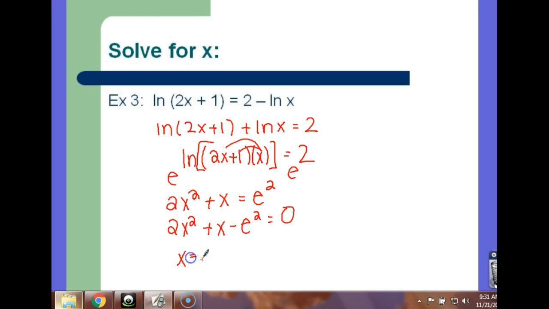To be honest, I'd probably just throw it into the quadratic formula because factoring it with an e is going to be trickier for you to see. So it'd be -1 plus or minus the square root of 1 minus 4ac all over 2a.